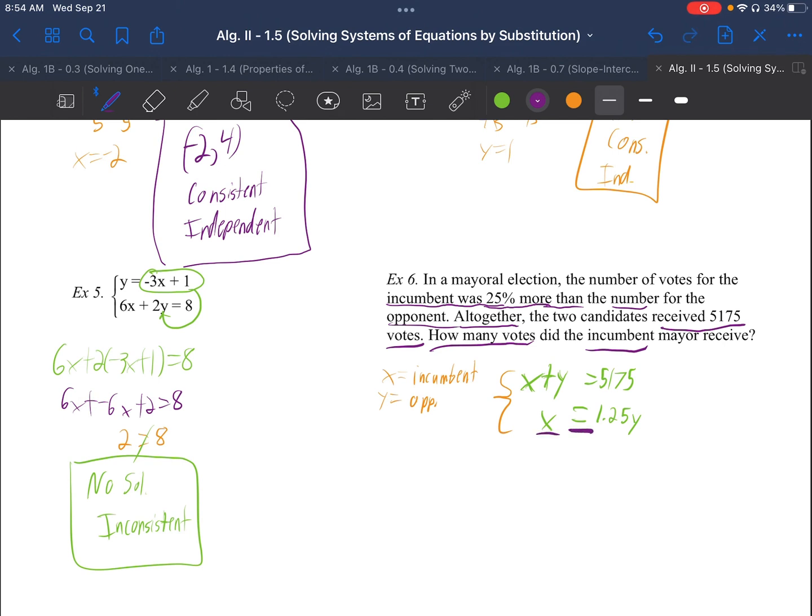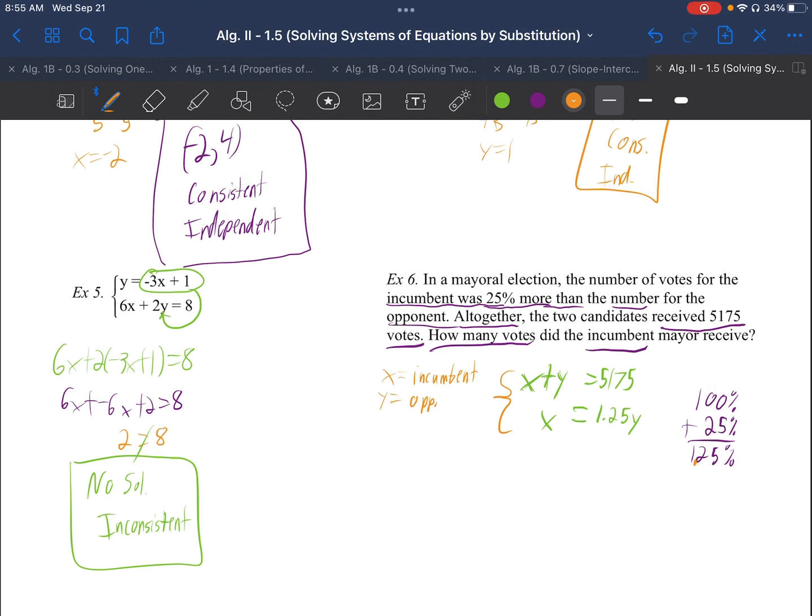Then the other equation, the incumbent was, aka equal, 25% more than the number of the opponent. So here's the opponent, and to get 25% more, once again, we said we have to get the 100 percent original of the opponent plus the 25 extra to get 125% of their vote, which then, as a decimal, becomes 1.25 as you move it over twice.